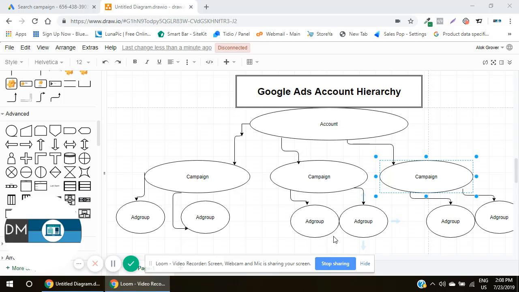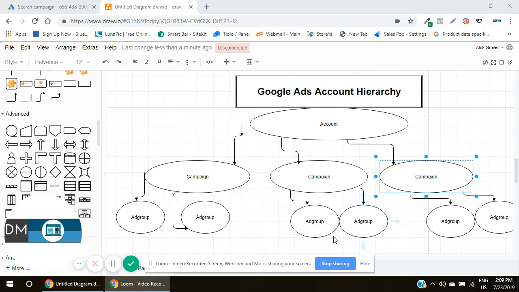If that page has the same keywords which are used by the user as a search query in the Google search engine, it would reflect a good quality score. It would end up having a good quality score, which again is a criterion of Google Ads account efficiency, maybe you can say. So, from that perspective, how well your account is structured is really very important.